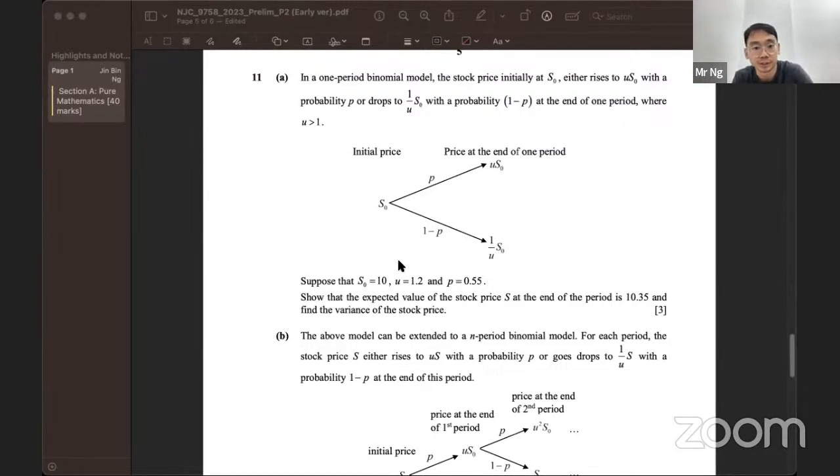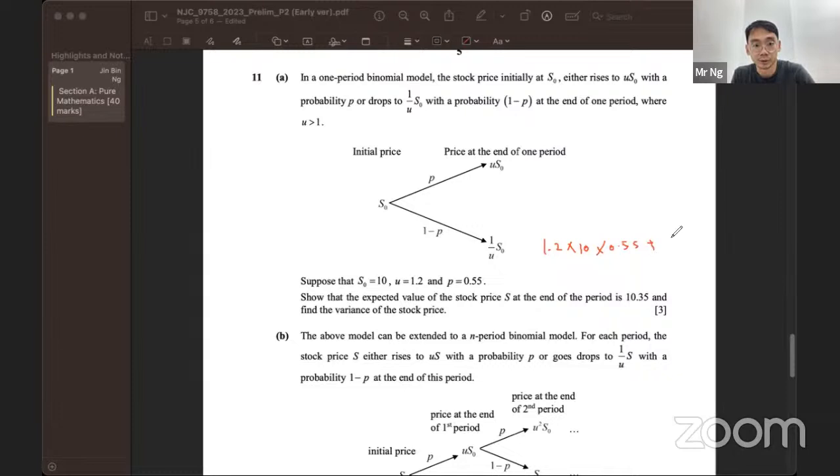So expectation is what? Expectation is the outcome. Outcome is 1.2 times 10, then times the probability attached to it. Then sum up all the different outcomes.